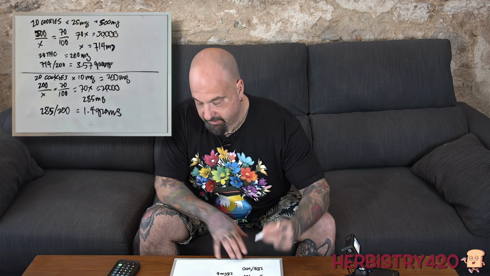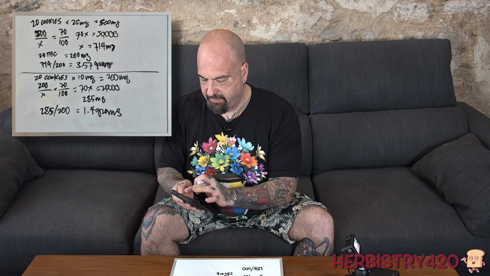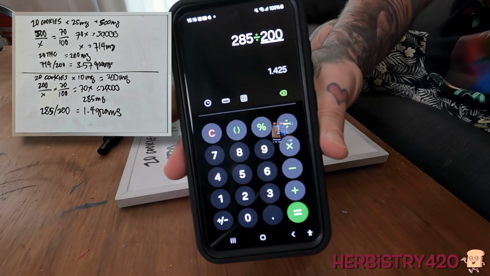So we're going to put this off to the side, and this is going to give us 285 milligrams total potency. Now, in order to find out how many grams of weed, again, we're using 20% THC cannabis, which is 200 milligrams per gram. So we would take 285 and divide it by 200. Let's do the math: 285 divided by 200 is going to give us 1.425, right?